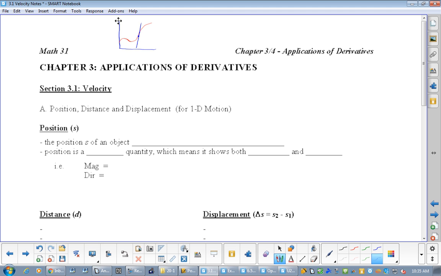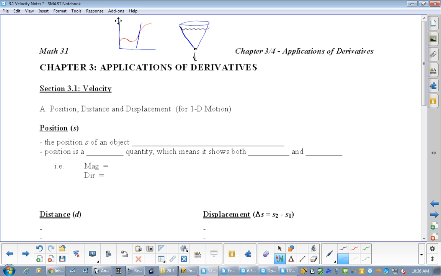Now, an example of what we're going to do in this unit is, what if I had a cone and I had it full of water? And if I put a hole in that cone, obviously the water would rush out, right?